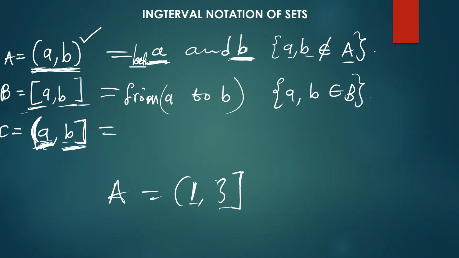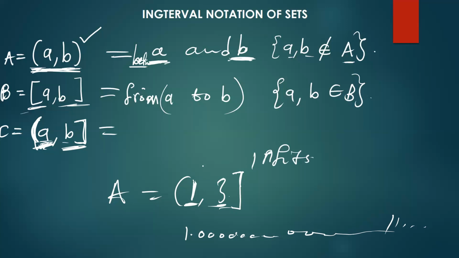No matter how good you are at mathematics, you can't count them because between 1 and 3 you have 1.0000000, a lot of zeros, and then you just put a 1 at the end like that. Then you also have 0.000000111. So you can't manage. You have a lot of numbers between 1 and 3. So that's why we consider them to be infinite sets. So all intervals are infinite sets.